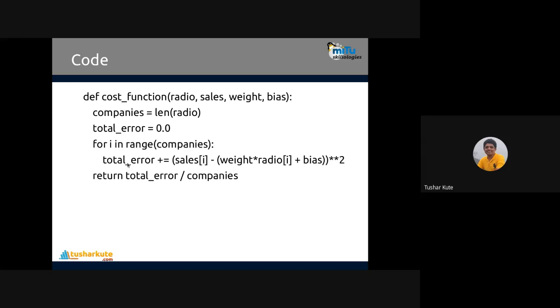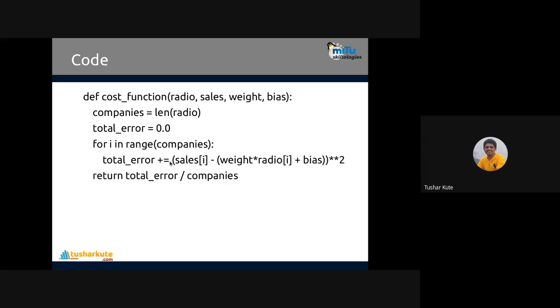every time total error is equal to total error plus, the first time it is 0, plus sales of i, that is the first company's sale, minus the predicted sale, that is weight times radio of i plus bias, and its square, raised to 2, is taken.